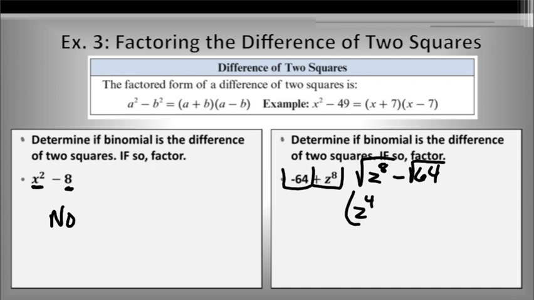Square root of 64 is 8, so minus 8. And I can have z to the 4th plus 8. Z to the 4th times z to the 4th is z to the 8th. Negative 8 times 8 gives me a negative 64. So yes, this is a difference of two squares.